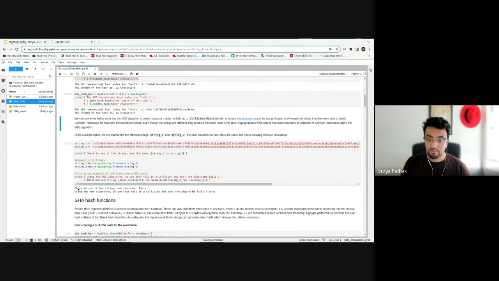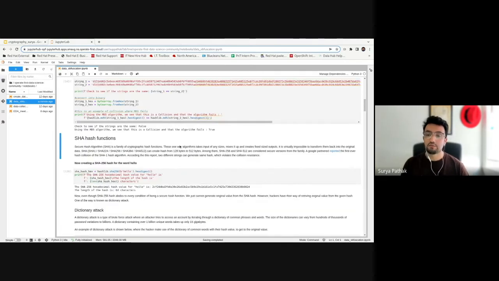So here I'm putting the condition: are the two strings equal? No, the two strings are not equal. Even though they are not equal, their hashed values are equal. So this violates collision resistance. Hence, MD5 is no more regarded as a secure algorithm. It is no longer in use.